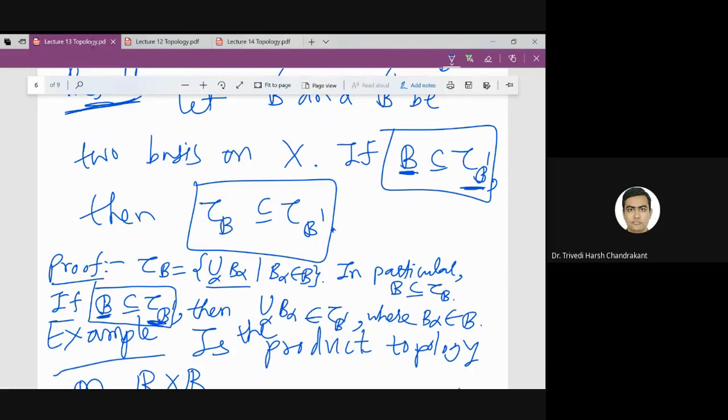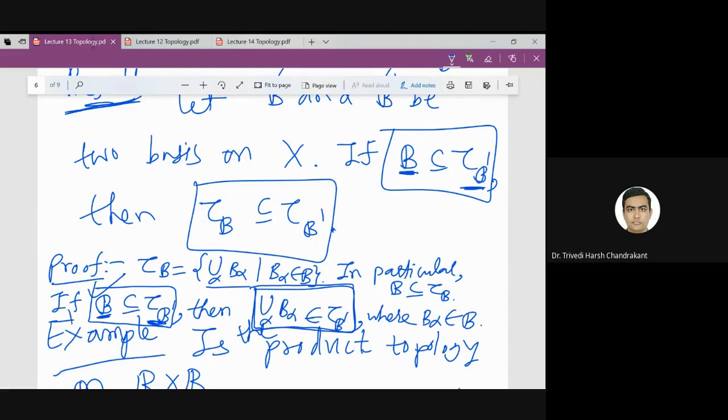So if I have this, then this condition follows. Whether I am using a property of basis or a property of topology: using the property of topology, because the B alphas belong to B, and B is a subset of tau B dash, all B alphas will belong to tau B dash. So we are using the union property, right? That is what you said.